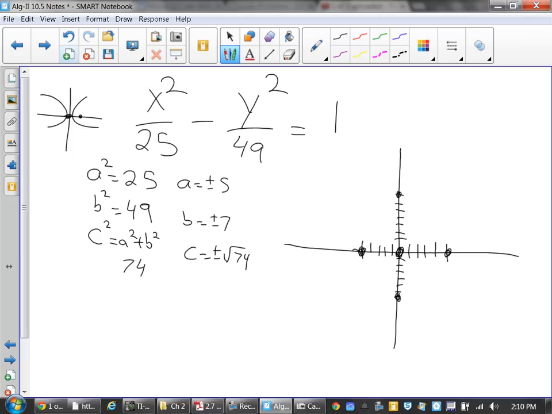Okay? Here's where it gets weird. When you're working with a hyperbola, to show how your curve looks, you create what's called a rectangular box around these points. Let me show you.